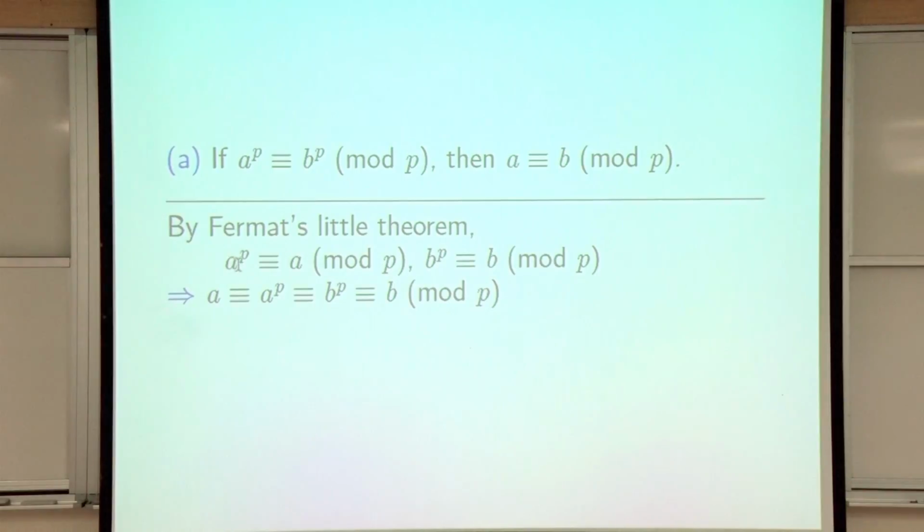So A to the power P is congruent to A, and B to the power P is congruent to B. So we know that A is congruent to A to the power P, which is congruent to B to the power P, which is congruent to B.